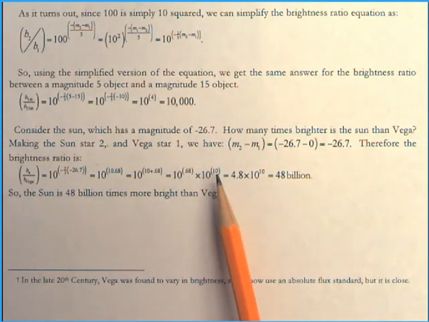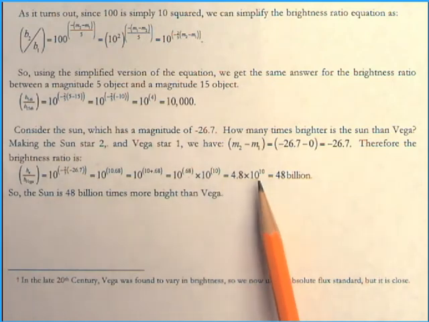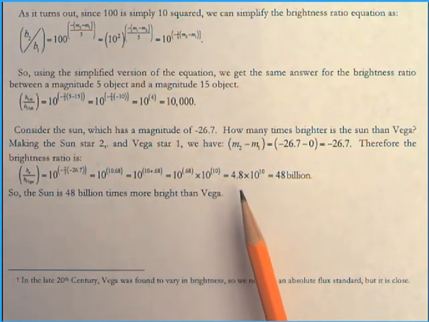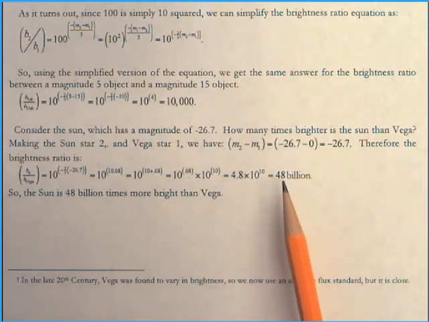And so now we can turn this into scientific notation, where 10 to the 10th is this part of our scientific notation, and 10 to the 0.68 is just 4.8. So it's 4.8 times 10 to the 10th, which is 48 times 10 to the 9th, so it's 48 billion times brighter than Vega.